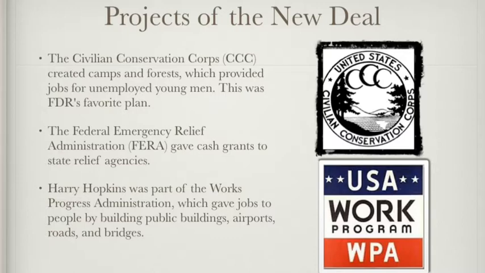When the FERA grants weren't enough, a second program, the Civil Works Administration, was produced to help. Harry Hopkins was part of the Works Progress Administration, known as the WPA, which gave jobs to people by building public buildings, airports, roads, and bridges.